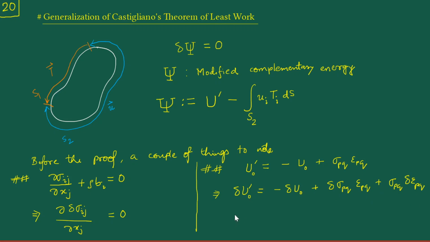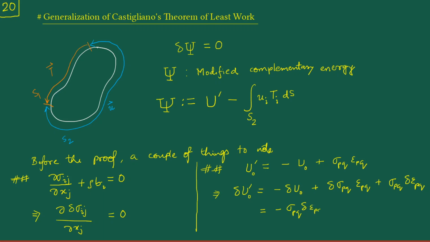Okay, and please note that we have already seen that this delta u naught is nothing but minus sigma pq delta epsilon pq.